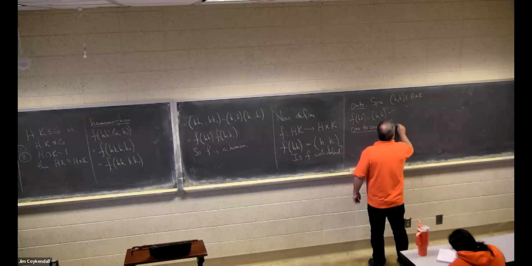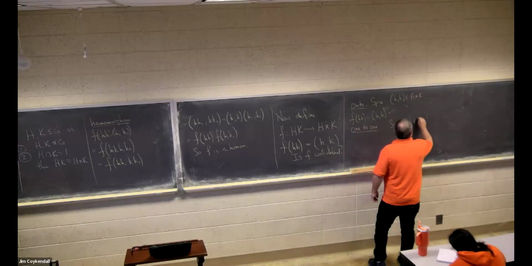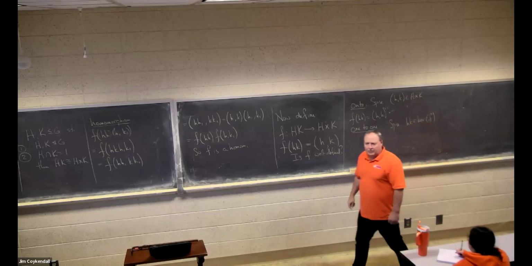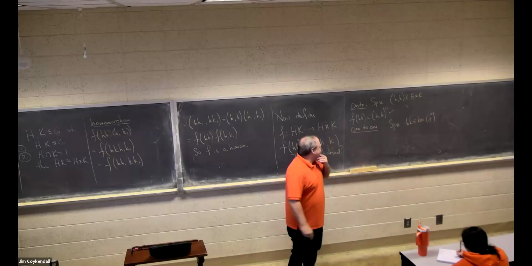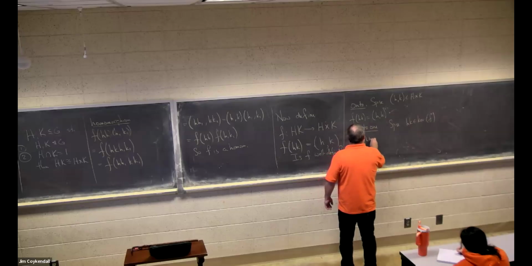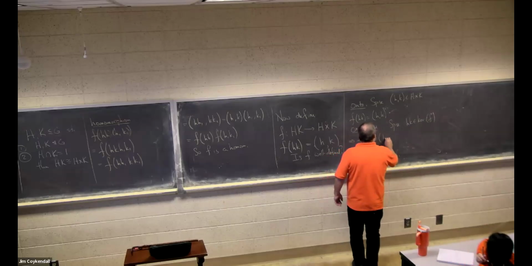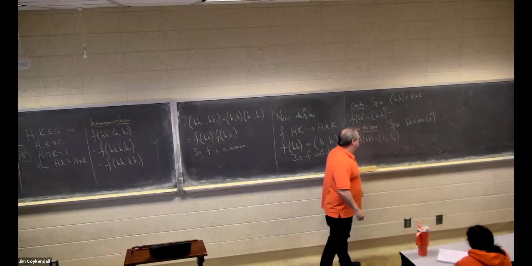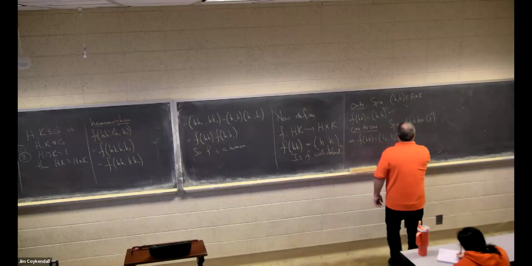Suppose hk is in the kernel of that. Well, let's see, this means f of hk is equal to the identity pair. But this is also equal to h, k.